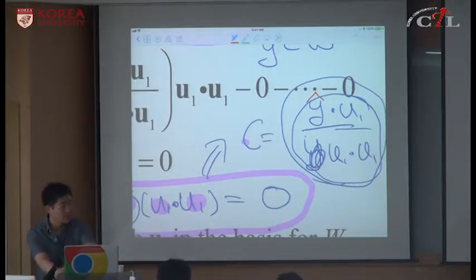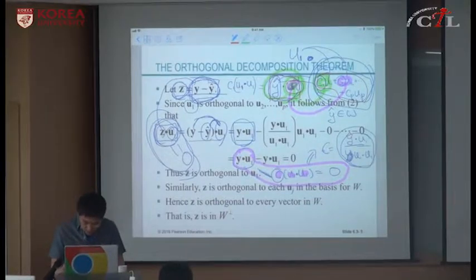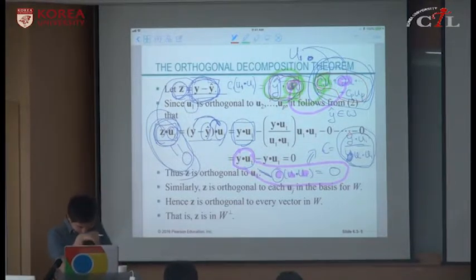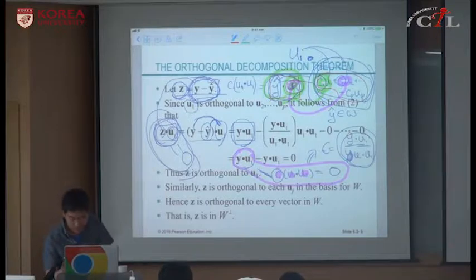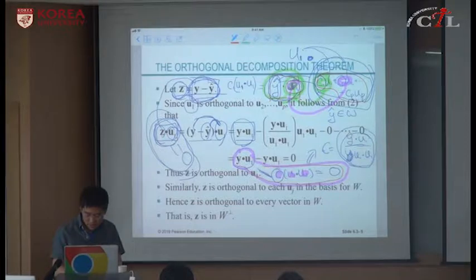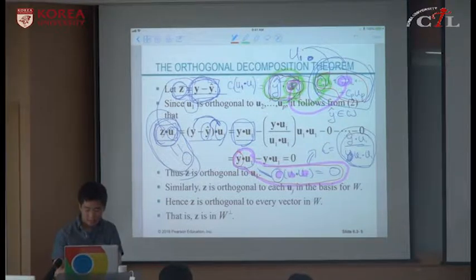We need a y hat here. I tried to obtain c1 through cp by building up this kind of equation, but I think I made one little mistake where I treated y as y hat. So y hat is not decided.